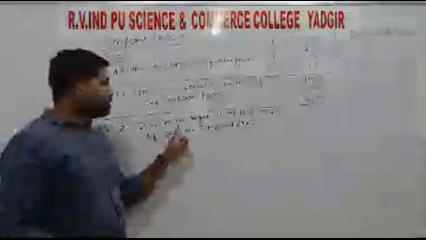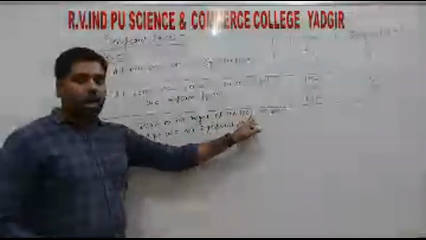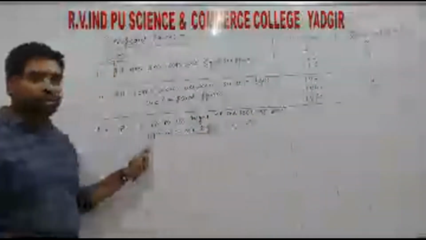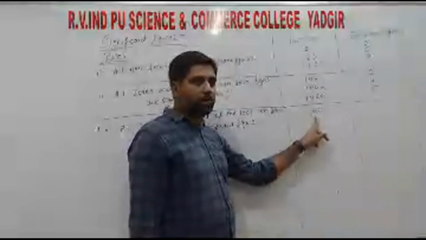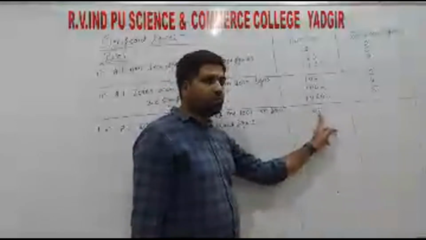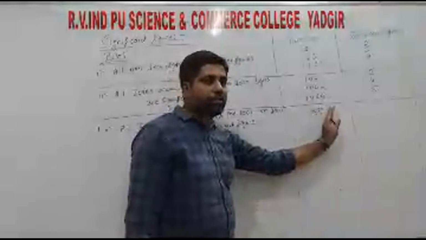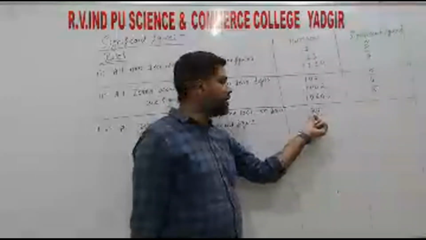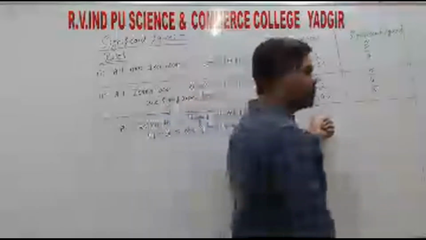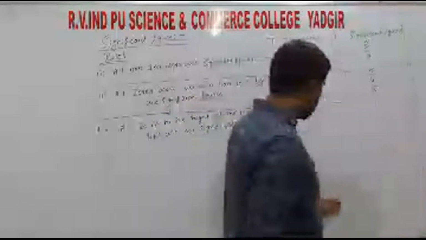So all zeros to the right of the last non-zero digit. Example: 20, right? So 2 is a non-zero digit. If there are zeros on the right side of a number, we do not consider them as significant figures, right? So here significant figures is 1.